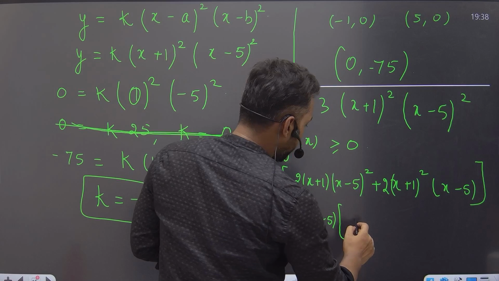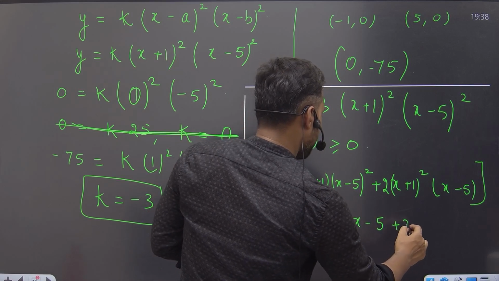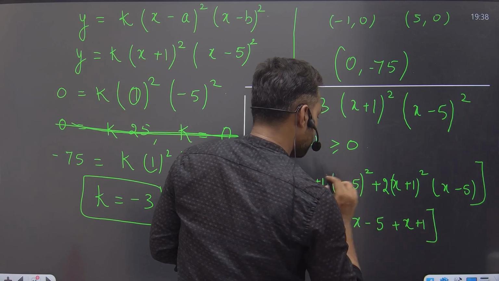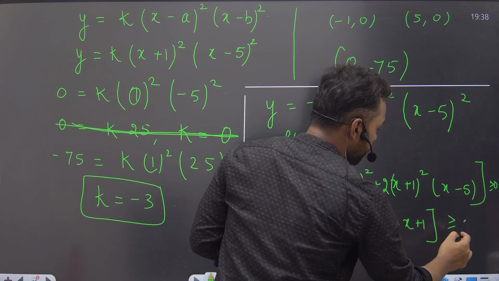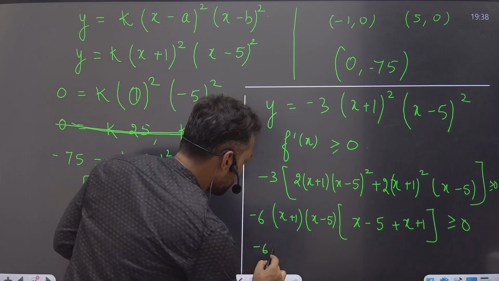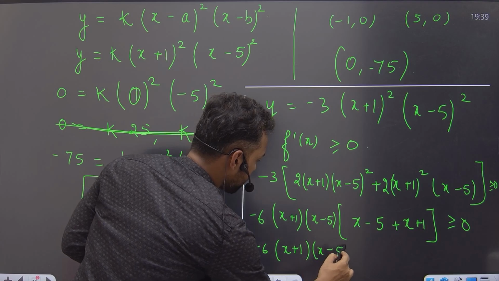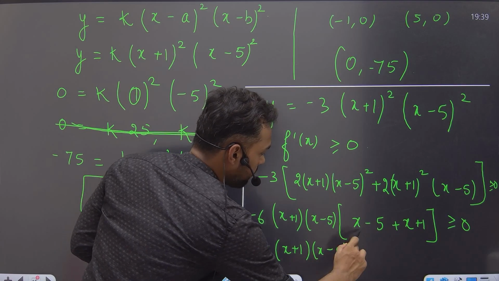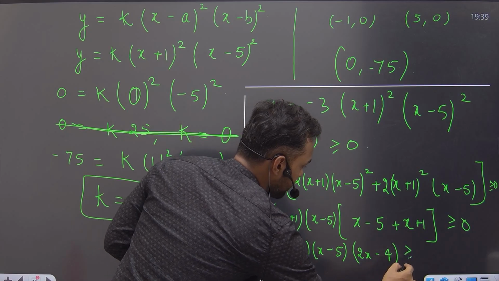In the bracket it will be (x minus 5) plus (x plus 1), and that is greater than or equal to 0. Don't forget to mention this part as well. So from here you will get negative of 6 (x plus 1)(x minus 5), and in the bracket you will be getting 2x minus 4, greater than or equal to 0.